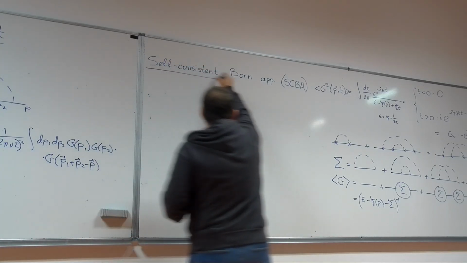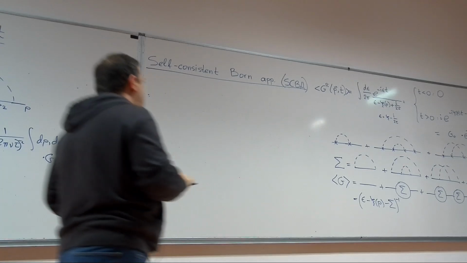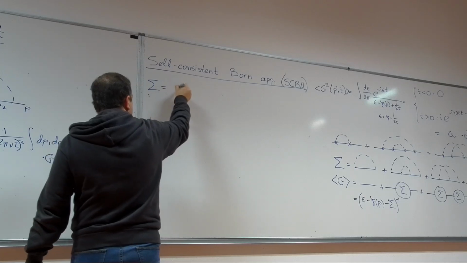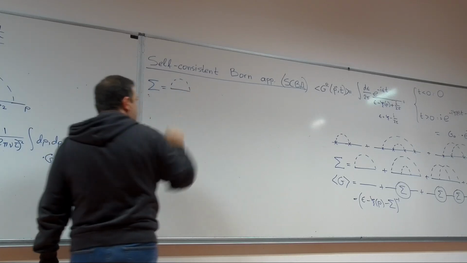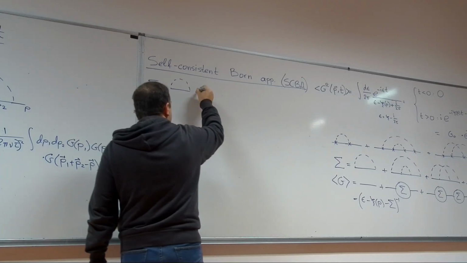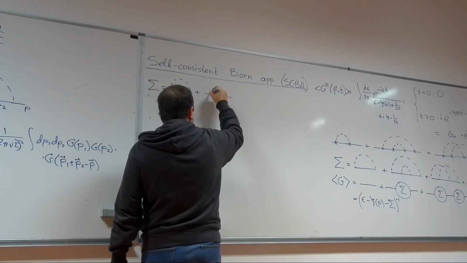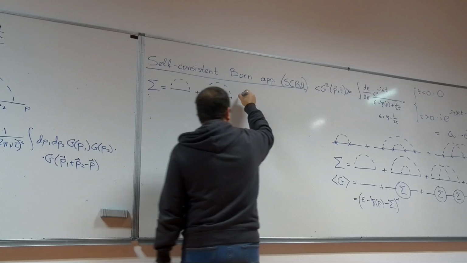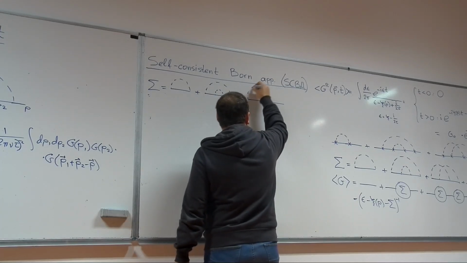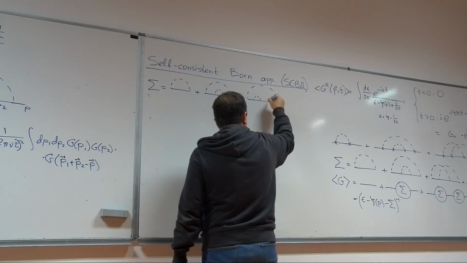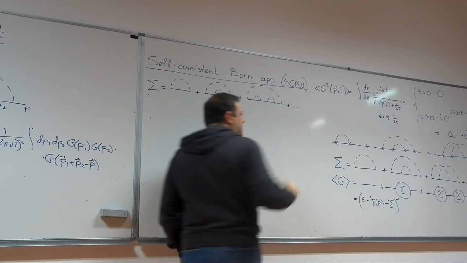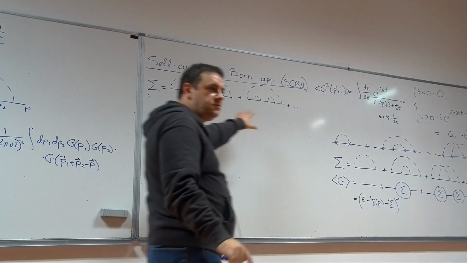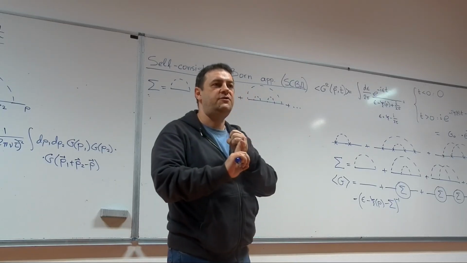Self-consistent Born approximation means that I take my self-energy, like in the Born approximation, I include this diagram, plus I include all diagrams where the dashed lines do not cross, like this one, or like this one, and so on. All diagrams where the dashed lines do not cross in the self-energy have one common feature.